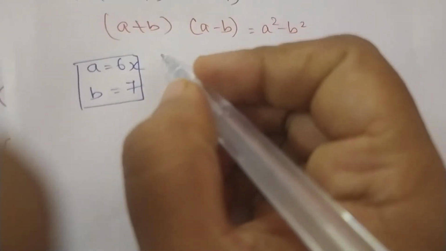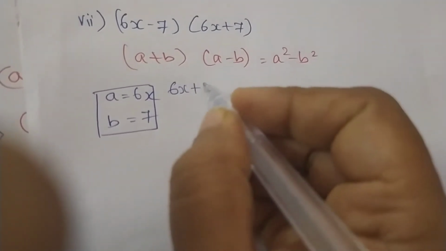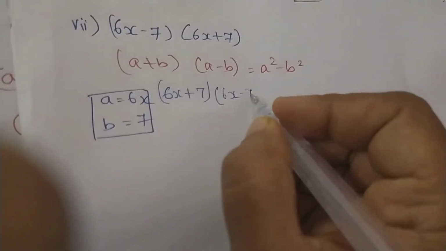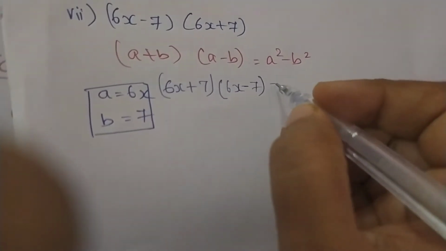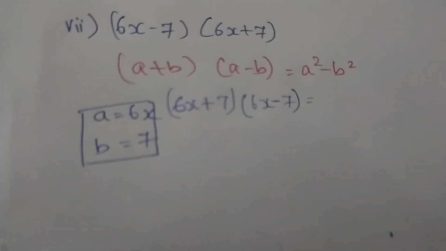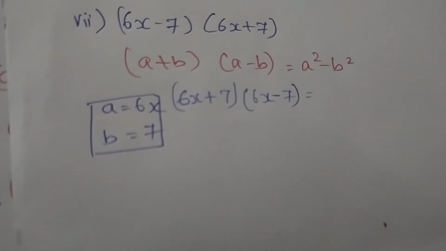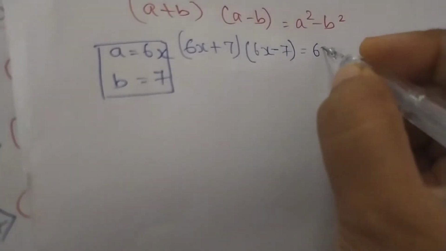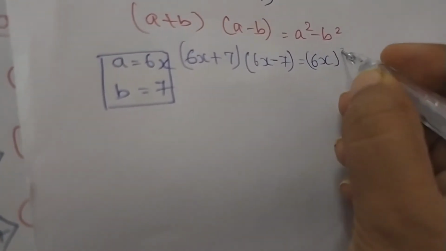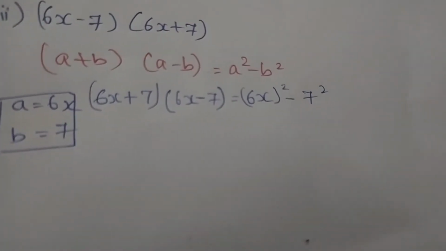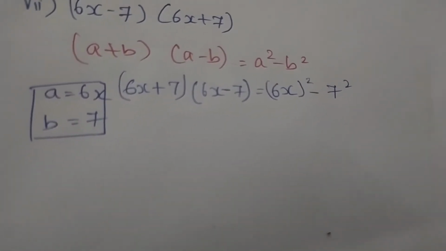A is 6x plus 7, second bracket, 6x minus 7, is equal to a square minus b square. What is a square minus b square? What is a? A is 6x, two terms, so bracket square, minus 7 square. It is alone, so we put only square. We don't put any bracket.